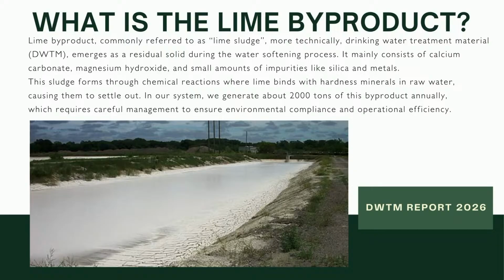This sludge forms through a chemical reaction where lime binds with hardness minerals in raw water, causing them to settle out. In our system, and Dave, we treat about how many gallons of water a day? A day, we do about 3 million gallons a day, maybe a little less on average. So, a little less, a little more, 3 million gallons a day.